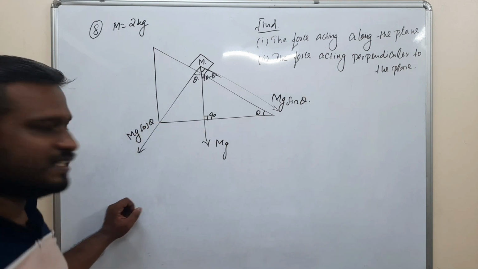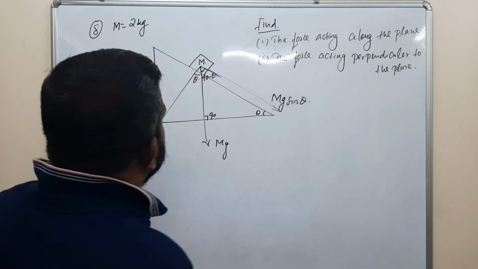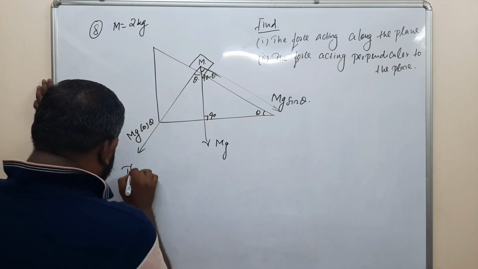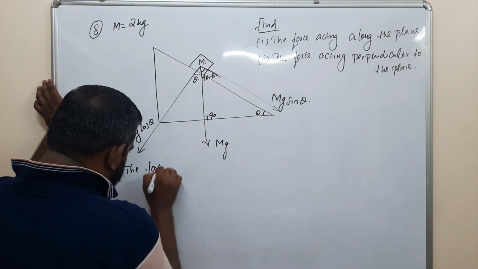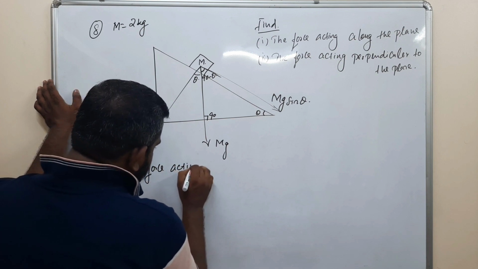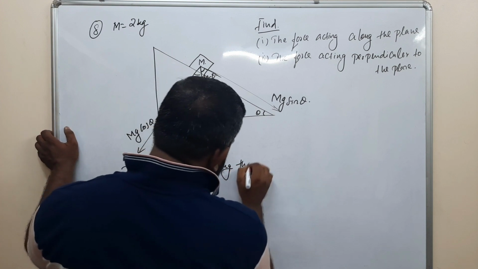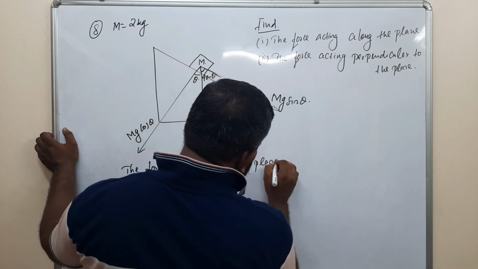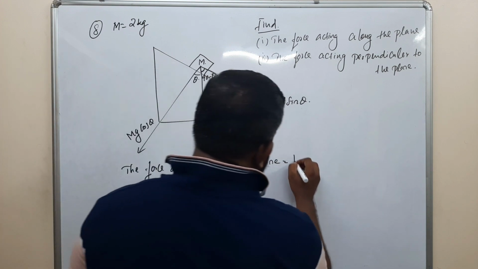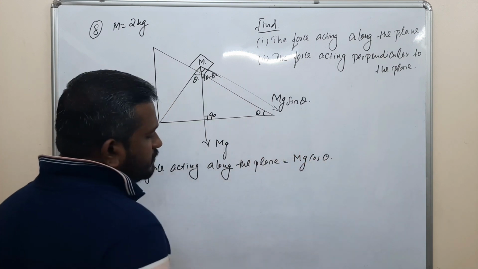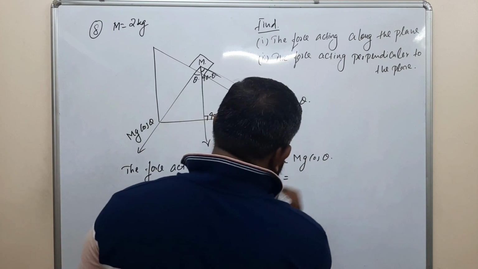We have to find the force acting along the plane. Therefore, the force acting along the plane is equal to mg cos theta.